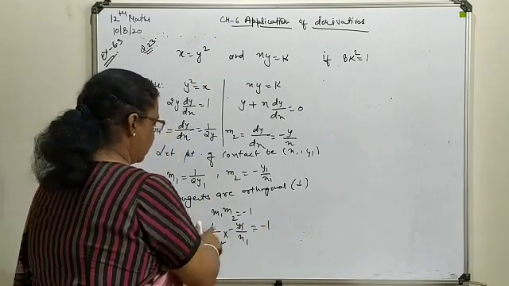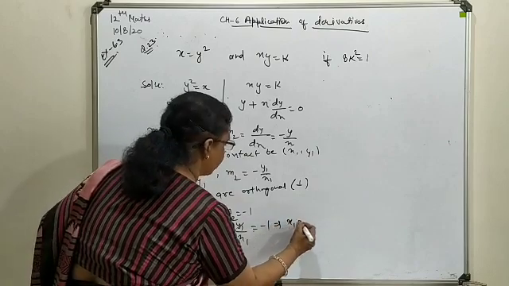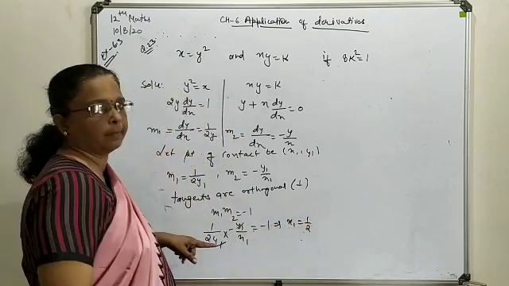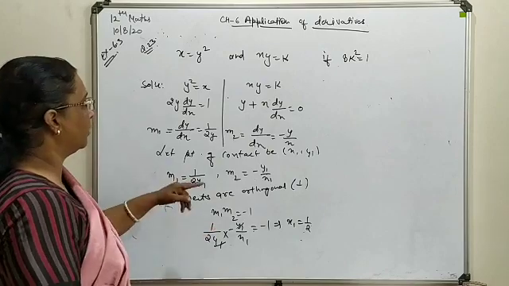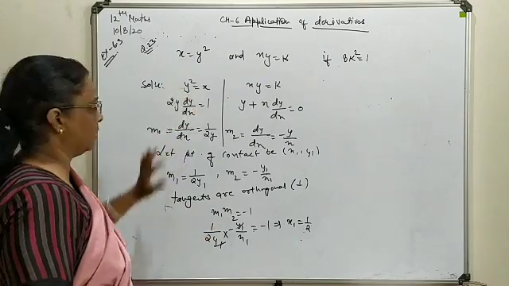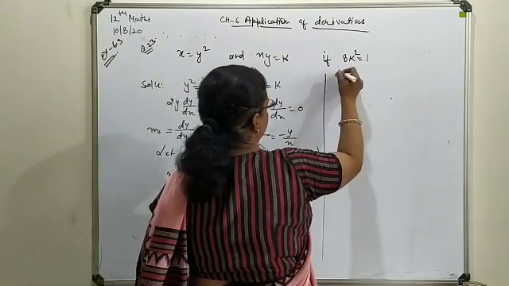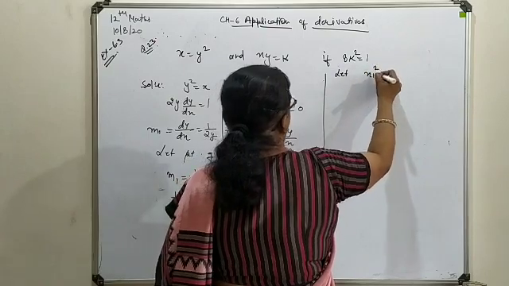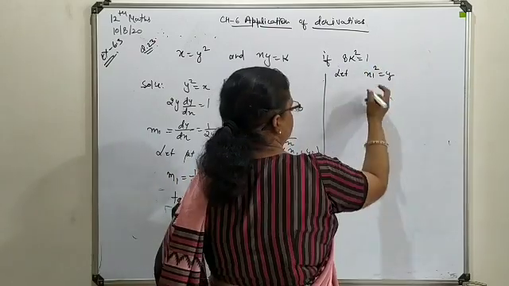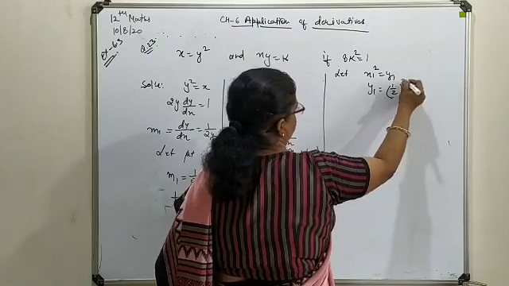From here you can say this minus minus will also adjust. So your x1 will be separated out as 1 by 2. Now from here if x1 is separated out, your y1 you can find out. So let x1 square is equal to y. x1 you have evaluated, so your y1 will be evaluated this way.